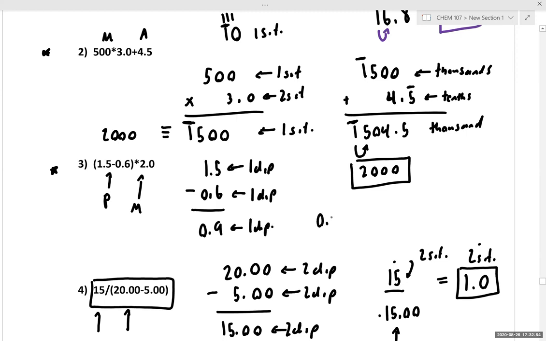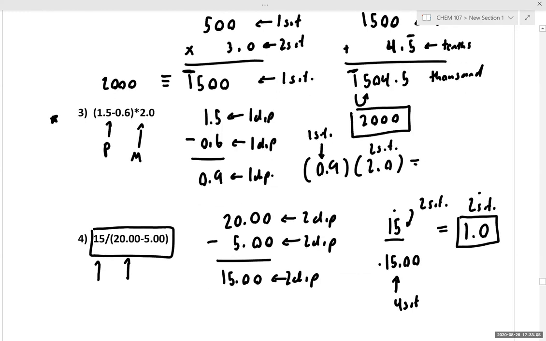We then take 0.9 times 2.0. As you see, 0.9 has 1 sig fig, 2.0 has 2 sig figs. So for our final answer, when we get 1.8, we need to round 1.8 to 1 sig fig. We look to the right, we round 1.8 to just 2. Not 2.0, just 2, because 2 has 1 significant figure.